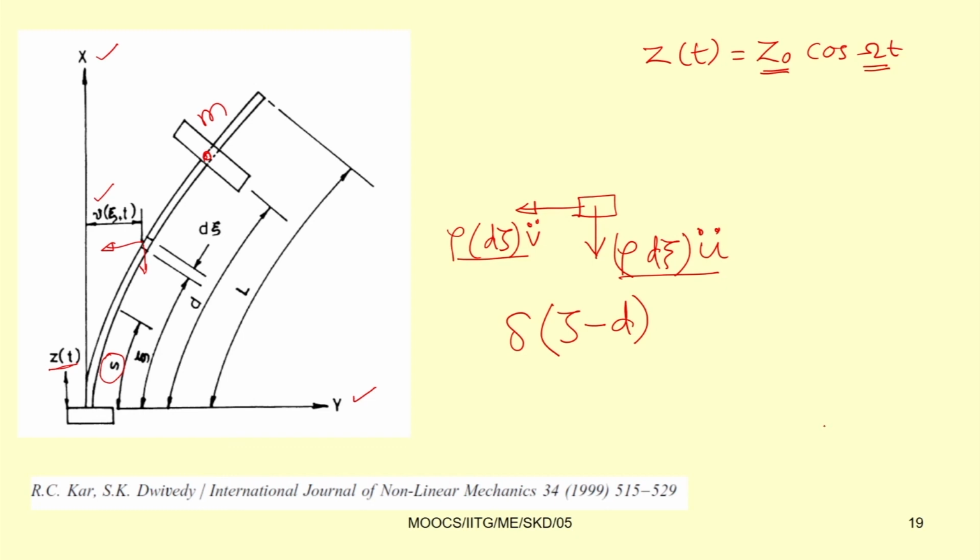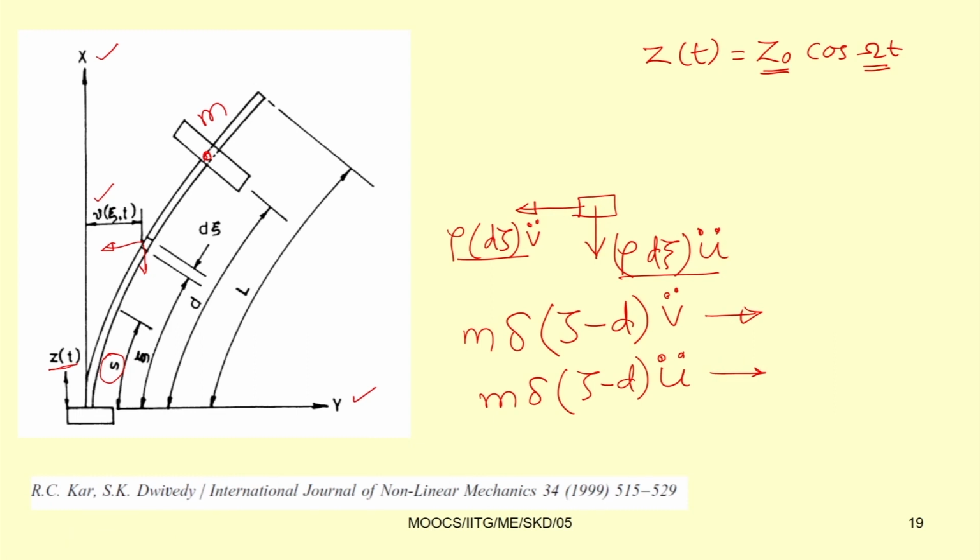So, the force can be written as m delta(zeta minus d) v double dot, and another inertia force is m delta(zeta minus d) u double dot. This is in the longitudinal direction, and this is along the transverse direction, where the inertia force is acting.